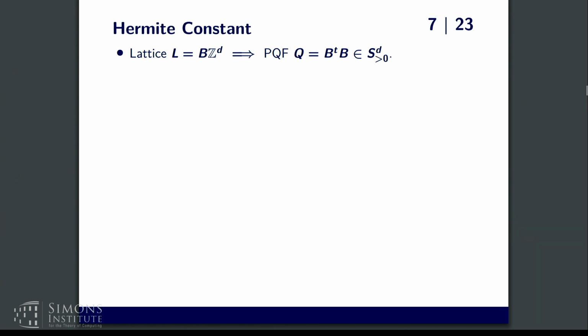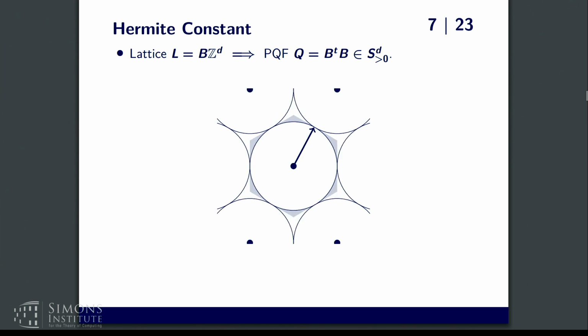Okay, so how does this correspond to these lattice packings? Well, if you have a lattice with a certain basis B, then you can construct a positive definite quadratic form by just looking at the Gram matrix of this basis. And what's the density of a lattice packing, given the lattice? Well, we can just look locally because it's just repeating. The density will be the volume of this ball divided by the volume of this Voronoi cell.